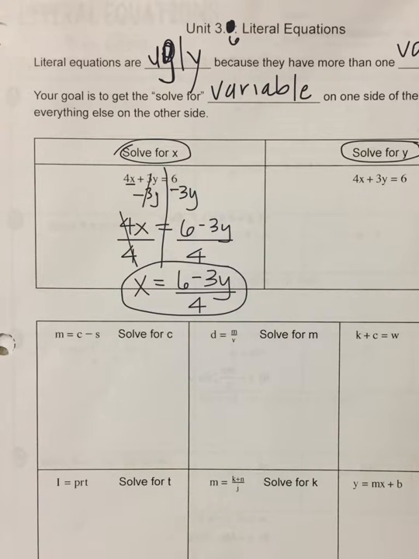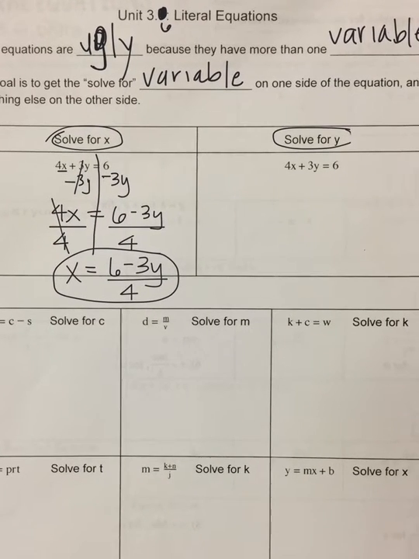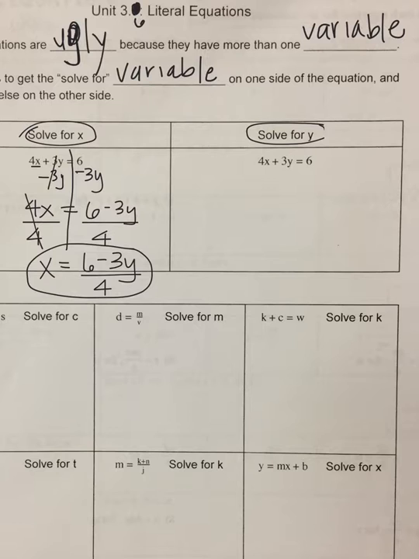So now we're going to do the same thing, same concept, except this time we're going to solve for y instead of x. So the y is on this side. That means I got to get that 4x to go away first. So I'm going to subtract it.